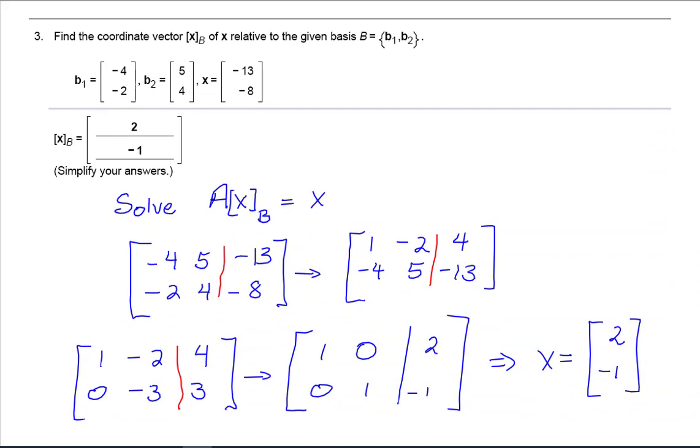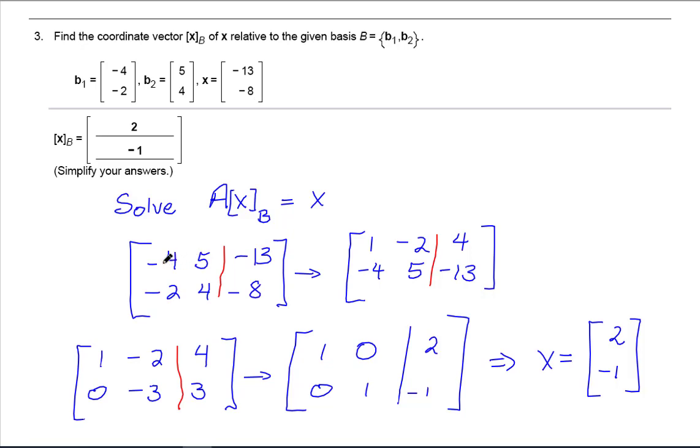All right, in this case, I've got vectors b1 and b2. We have x, so this is relative to our normal basis. We'd like to know, well, what is its representation in terms of b1 and b2?